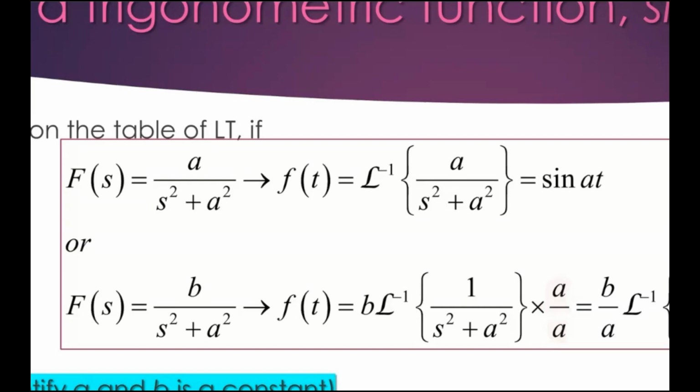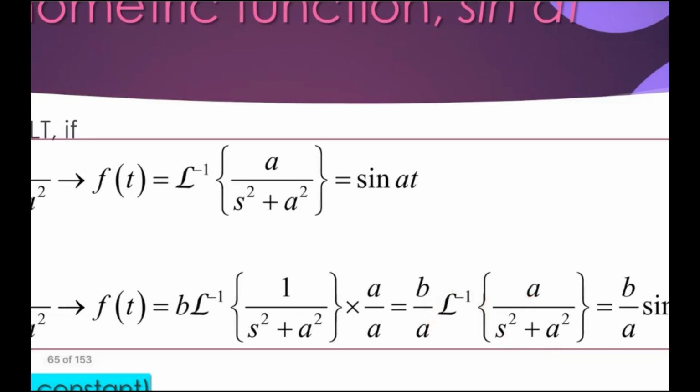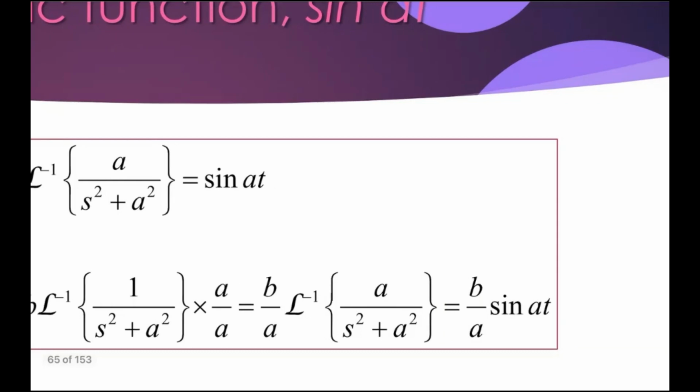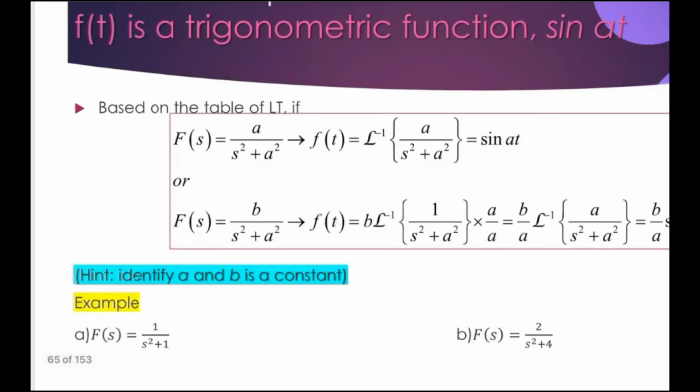Why? Because a over a doesn't change this function. a over a actually is 1. So now this a can be here. So we have b over a times the inverse Laplace of a over s squared plus a squared. So the answer will be b over a sin(at). Okay, let's check this one.